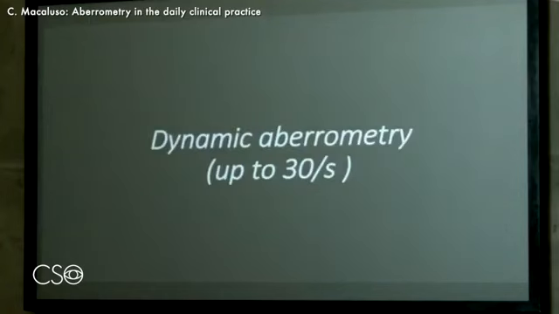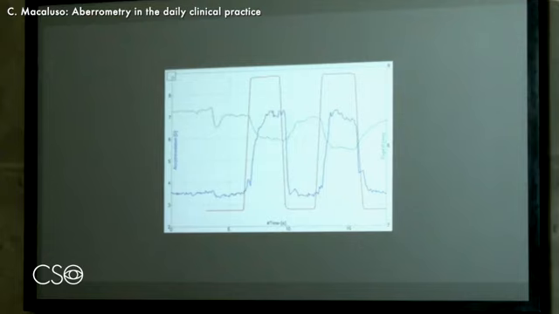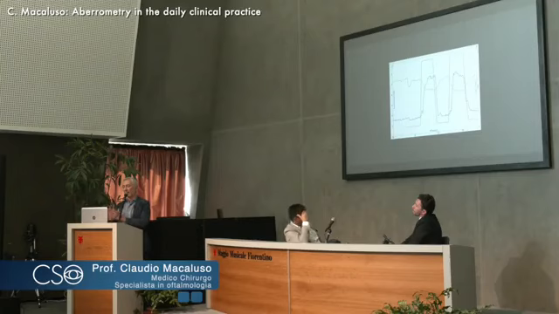The last thing is the dynamic aberrometry that is fantastic. There is a special software in the instrument, and it drives a target inside that can be focused dynamically at different distances.